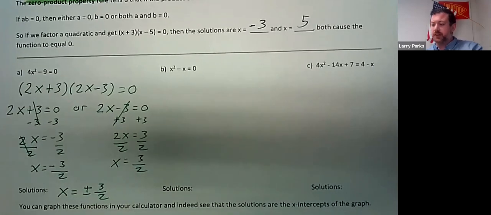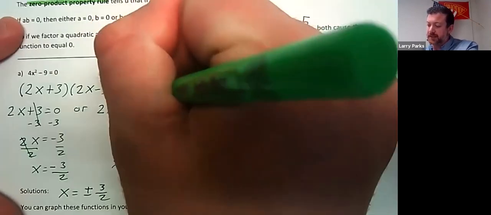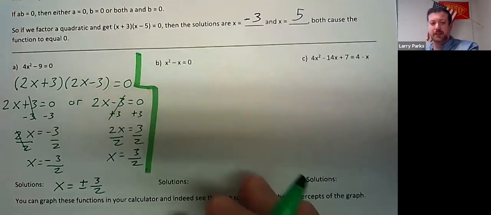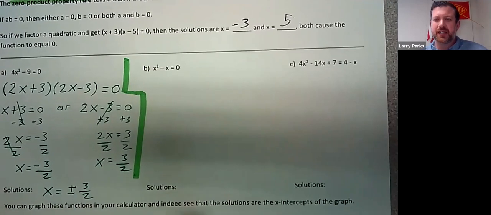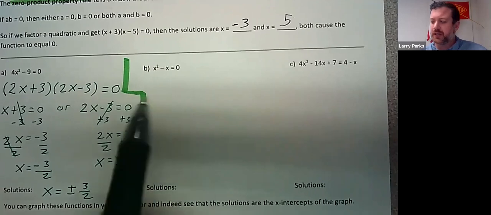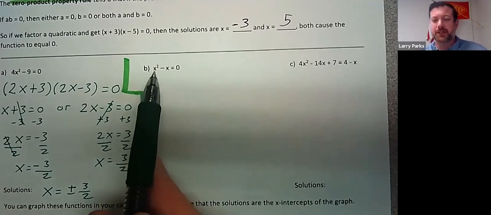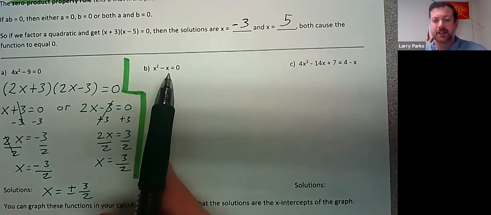And I'm going to separate these so they don't get confused. There we go. X squared minus x. Well, whenever I see two terms, I usually start thinking difference of 2 squares. X squared is a perfect square, x and x. X isn't a perfect square.